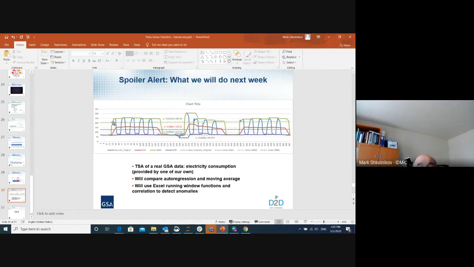You may see there are 1, 2, 3, 4, 5 spikes in the data. This can be interpreted, or actually is interpreted, as 5 days a week. And then there is a long weekend.